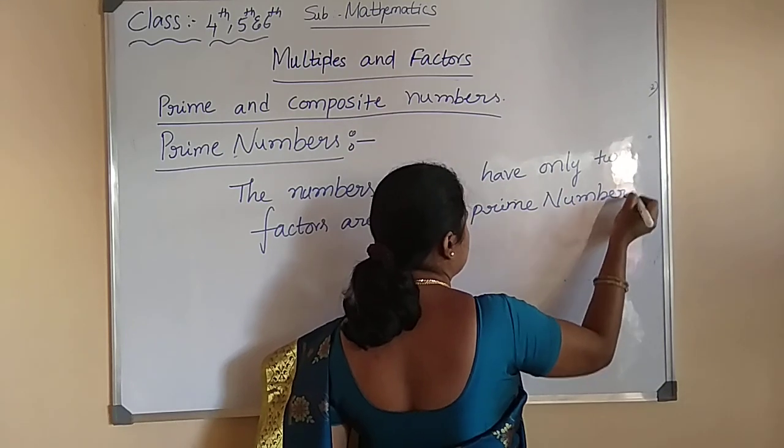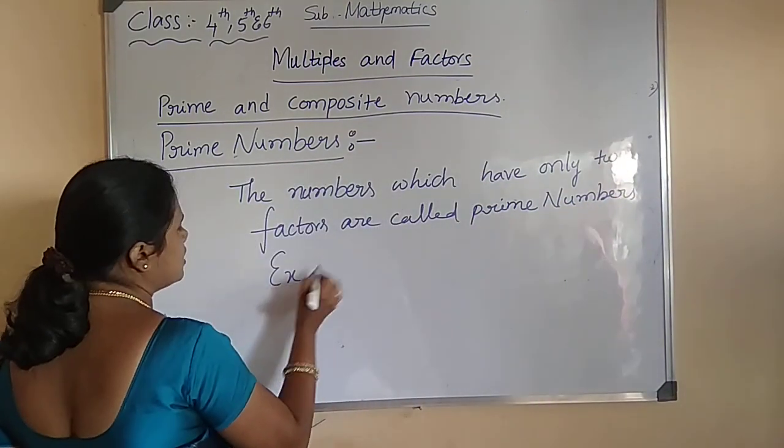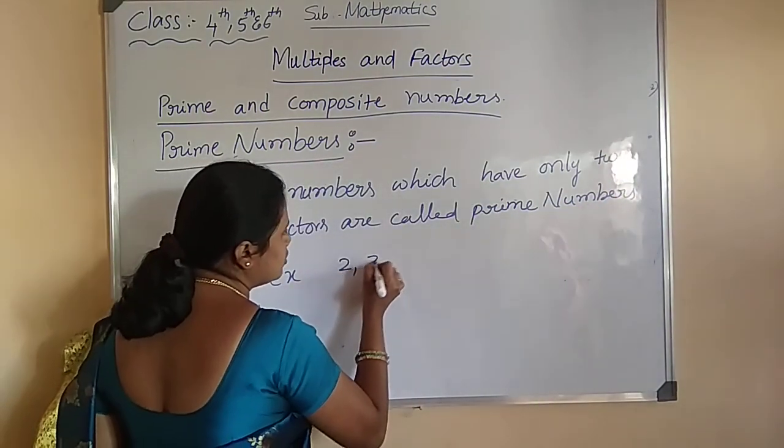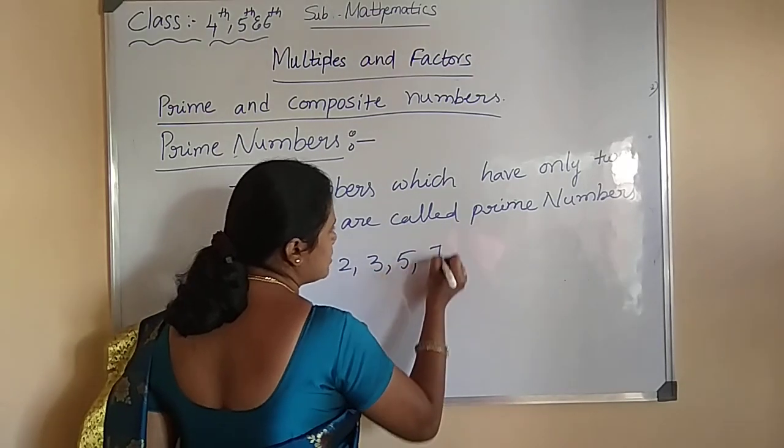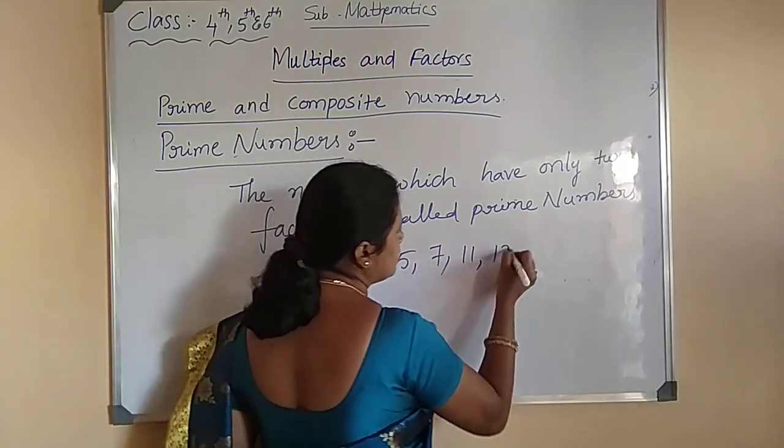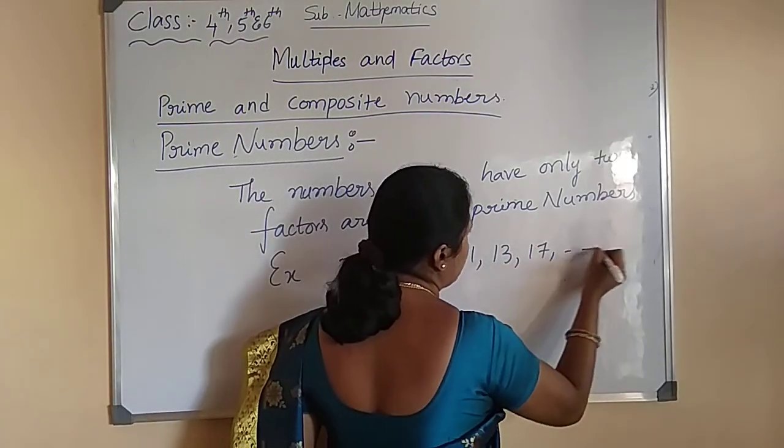For example, 2, 3, 5, 7, 11, 13, 17 and so on.